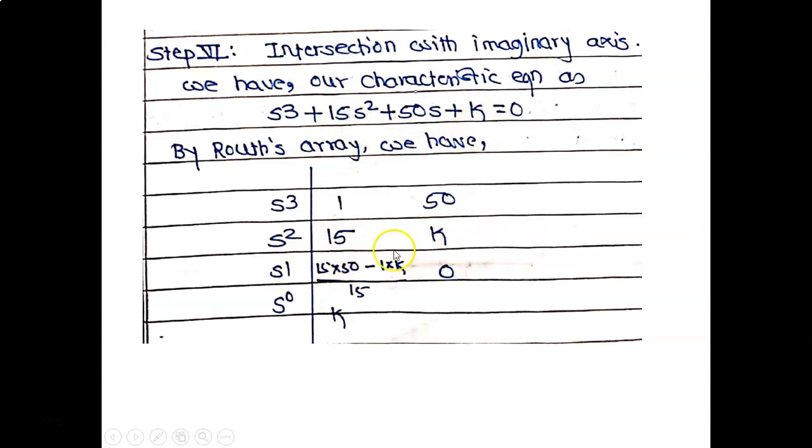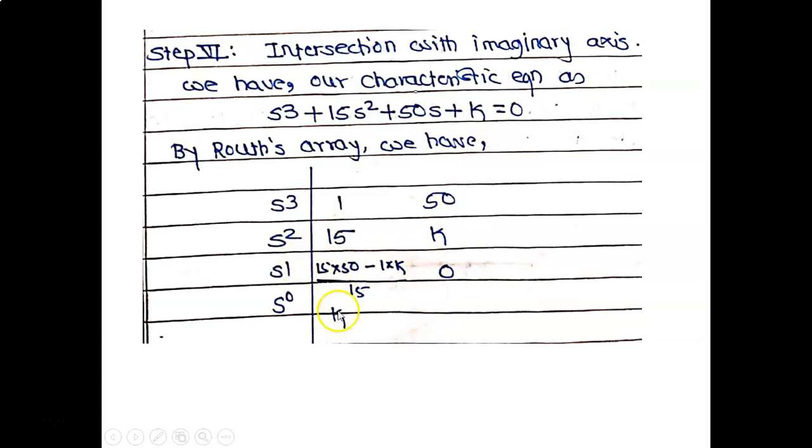Now how to obtain value of s raised to 1? We have to multiply 15 into 50 minus K into 1 divided by 15. And again here value 0 will be there because here zeros are there. And similarly s raised to 0, we have to multiply 15 into 50 minus K divided by 15 into K minus 15 into 0 divided by this value.